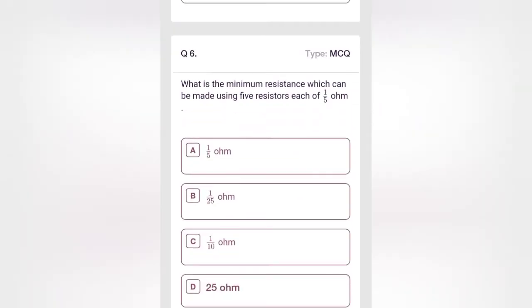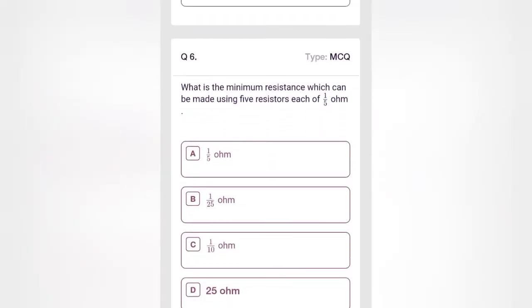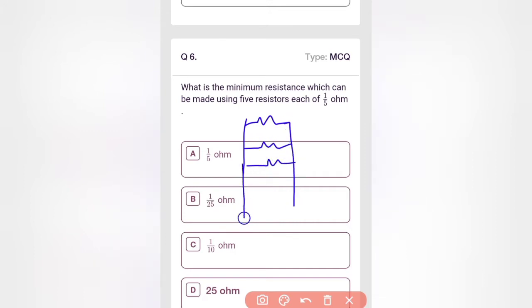Sixth question. What is the minimum resistance which can be made using 5 resistors each of 1 by 5 ohm? Minimum resistance means we need to go for parallel connection like this. All 5 resistors should be connected in parallel.